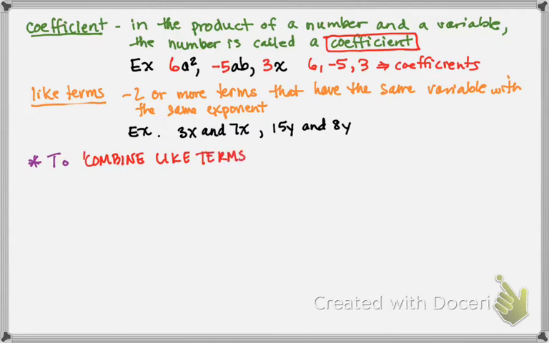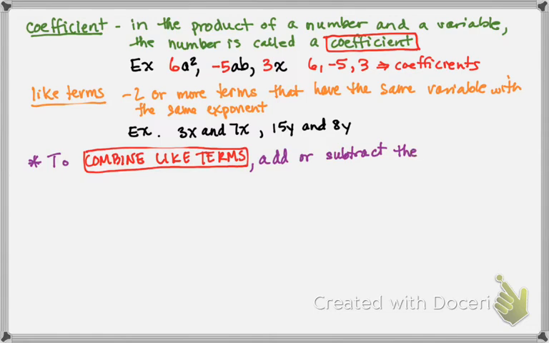So to combine like terms, we are going to add or subtract. It depends on what the sign tells us to do. We're mainly going to see adding in our problems. The coefficients of the like terms.